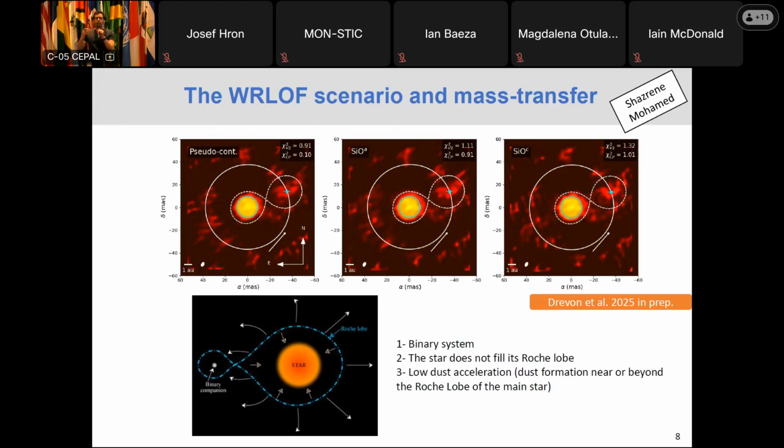And you also need low dust acceleration, because if the dust forms too close to the star, the wind has time to accelerate before it reaches the binary's gravitational potential. If the speed is low, the dust can be accreted by the gravitational potential of the binary and form those disk-like shapes that we are seeing in our system.